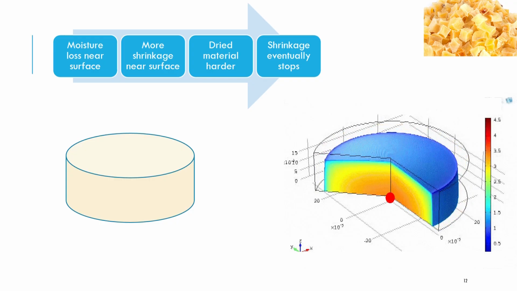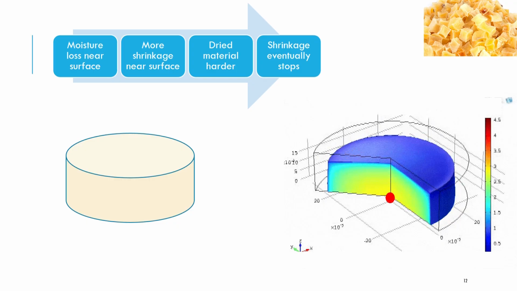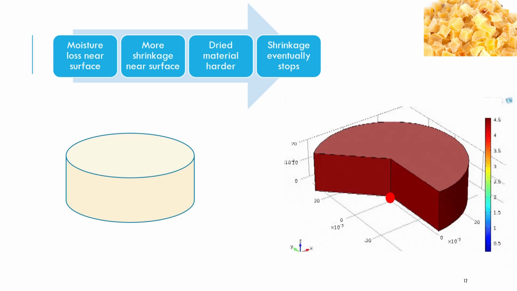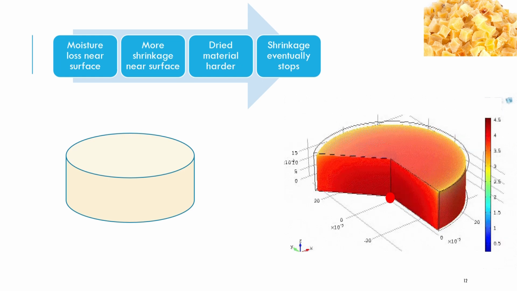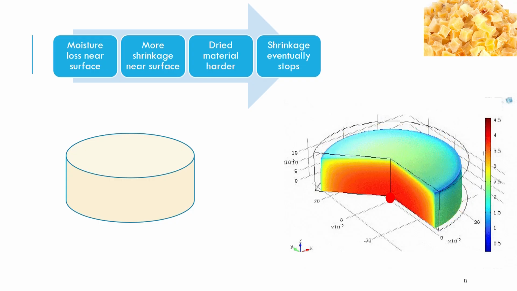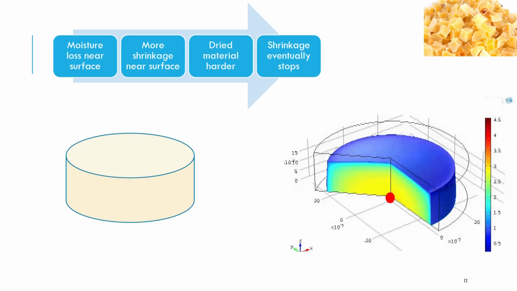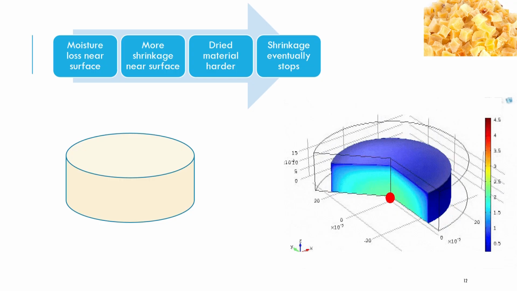So if we look at the variables, let's say moisture in this cylindrical disk of potato being dried, we see that the changes are not uniform everywhere and it changes with time. So first, there is more moisture loss near the surface, leading to more shrinkage near the surface. But this dried material is harder based on discussion earlier.